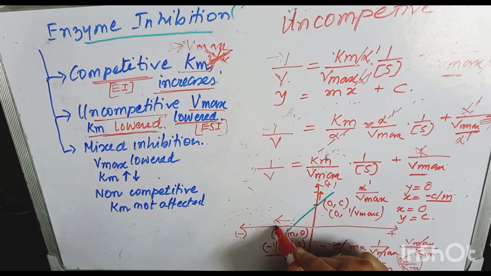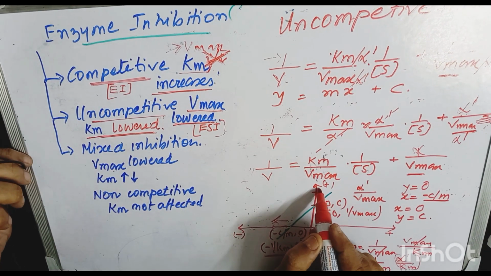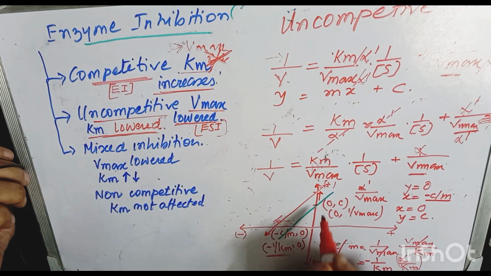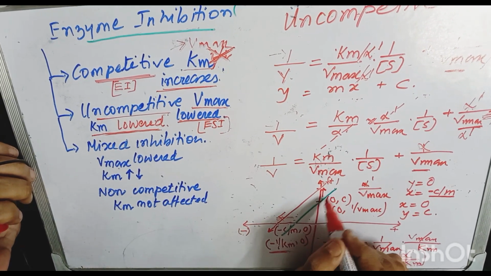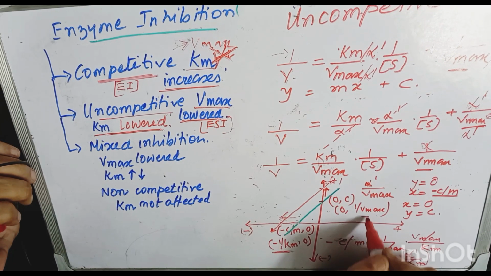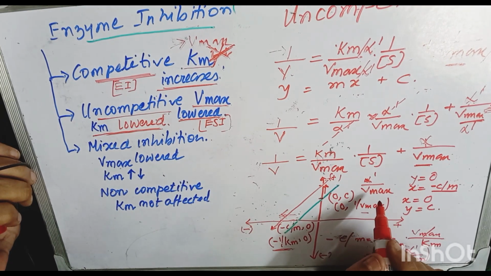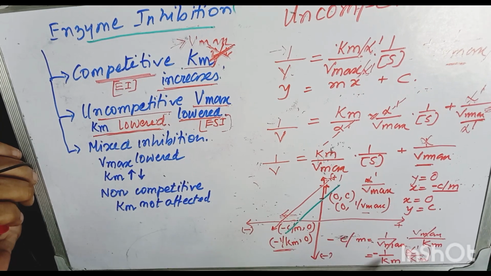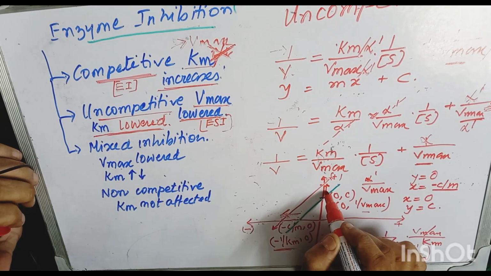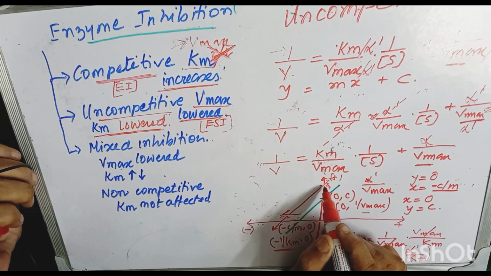So these are the two parallel points, and for this inhibition, the inhibition line is actually parallel to the non-inhibition line. The red line is parallel because the displacement of Vmax by alpha dash is countered by the lowering of Km. Both displacements are towards the increase, and they are the same.